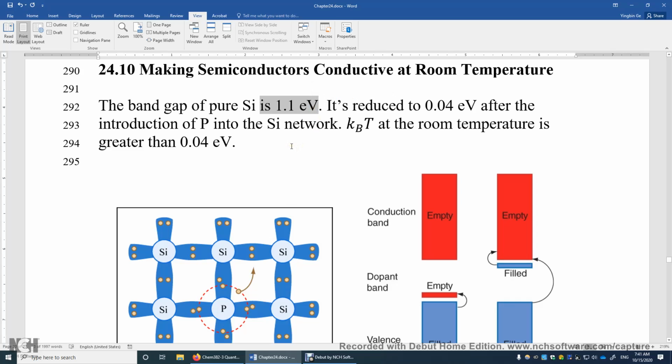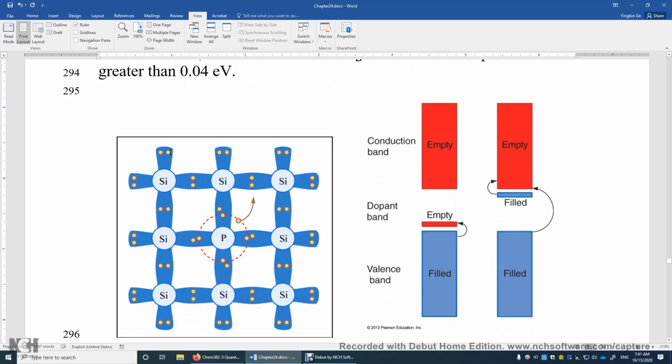So how is it possible to reduce the band gap of silicon significantly by introducing phosphorus? Well, it's pretty simple. I want to show you this network, the silicon network. When we replace one of the silicon atoms with a phosphorus atom, now you have one additional electron.